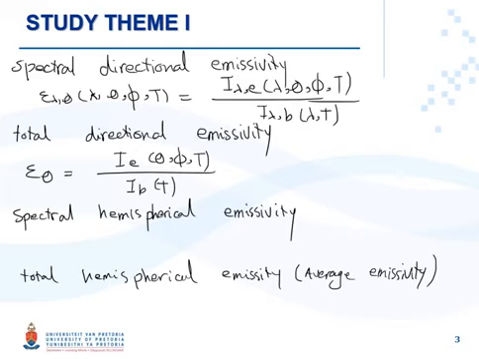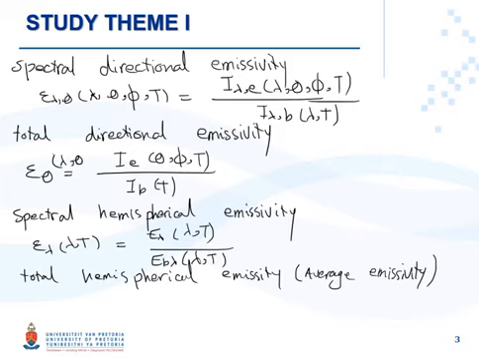So for spectral hemispherical emissivity, epsilon lambda, which is a function of lambda and T, we have E lambda (lambda, T) divided by E b lambda (Blackbody, lambda and T). And this one is a function of course of lambda and T, not theta and phi. Okay?